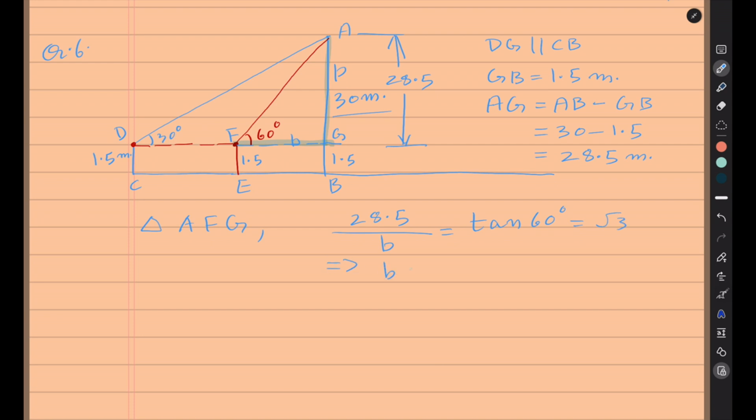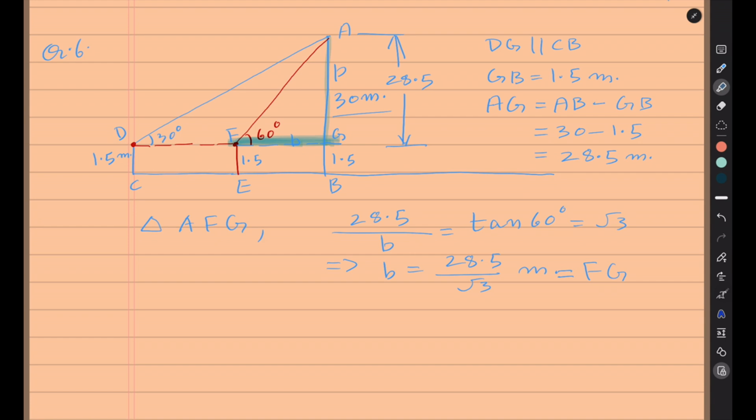So from here we get the base as 28.5 divided by root 3 meter, isn't it? And this base is actually FG, this distance.